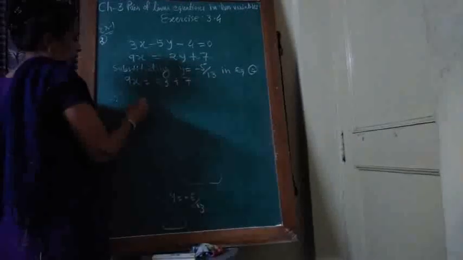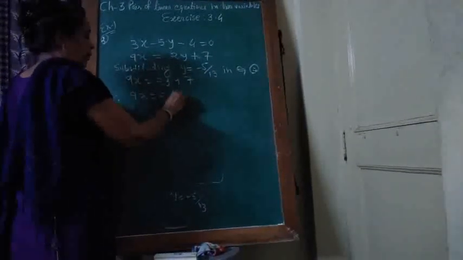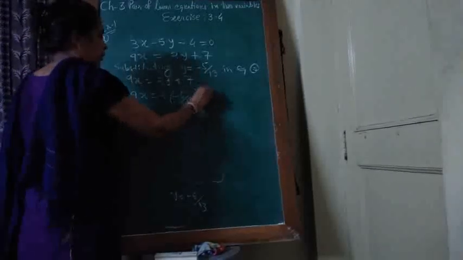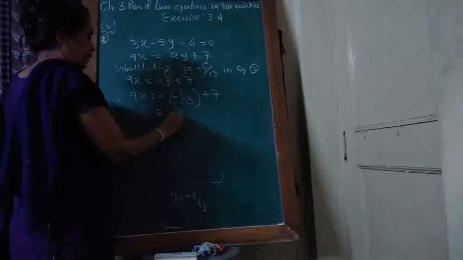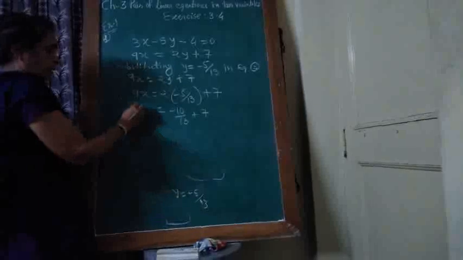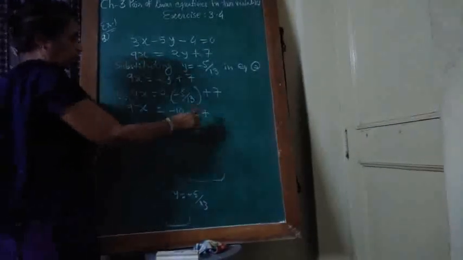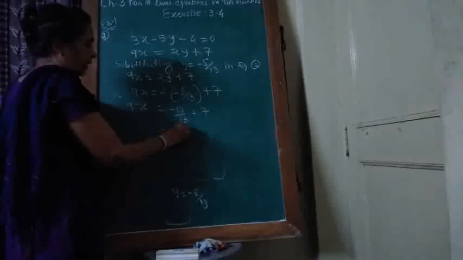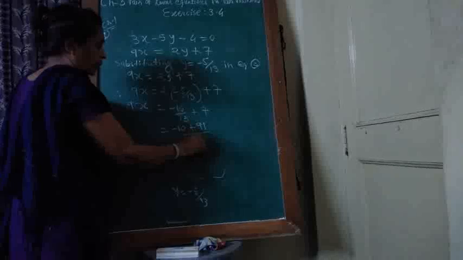And therefore 9x is equal to 2 into minus 5 upon 13 plus 7, and that is equal to minus 10 upon 13 plus 7. So 9x is equal to, if you take the LCM, minus 10 plus 13 sevens are 91 upon 13.